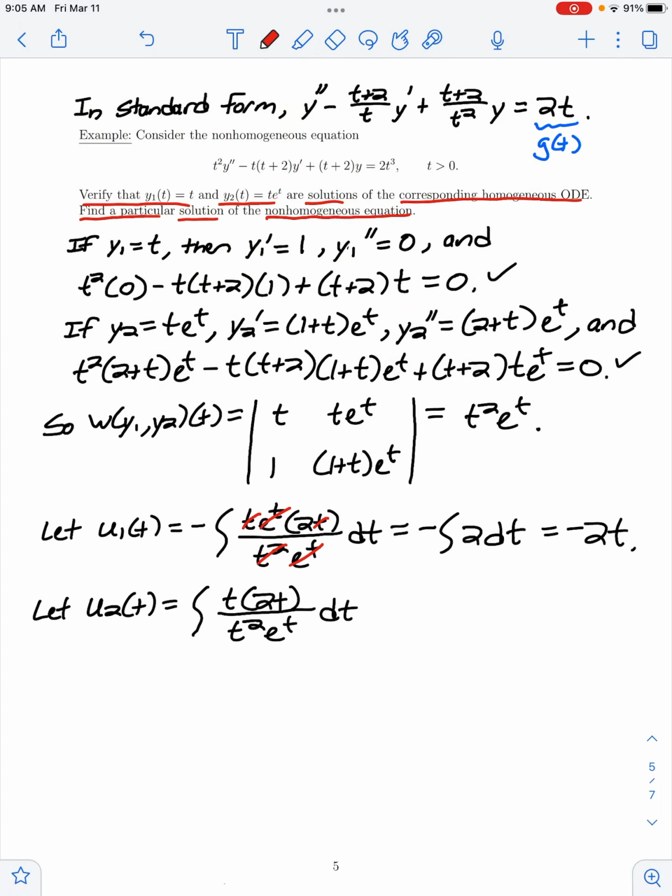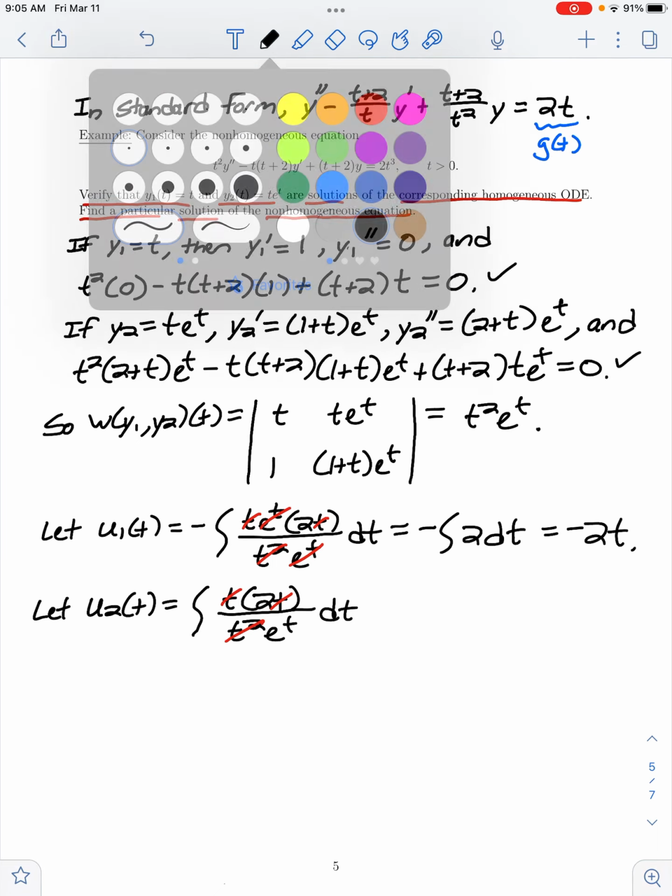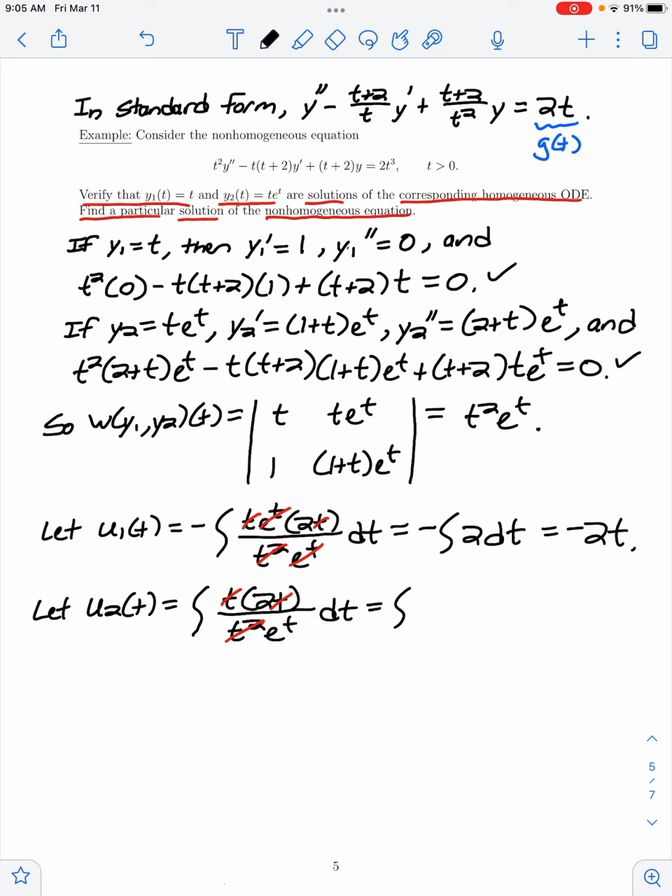So again, we find that a factor of t squared will cancel, and we are left with the integral of 2 divided by e to the t, or 2e to the negative t dt. So we get an antiderivative of negative 2e to the negative t.